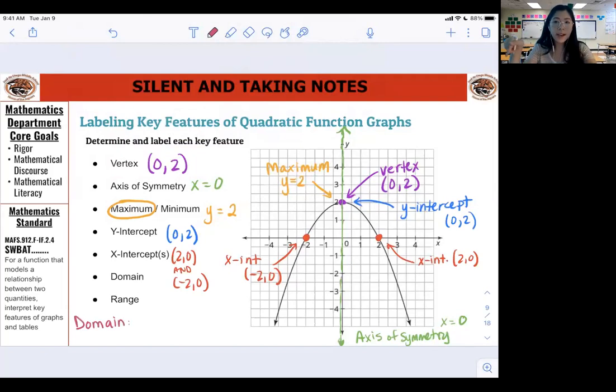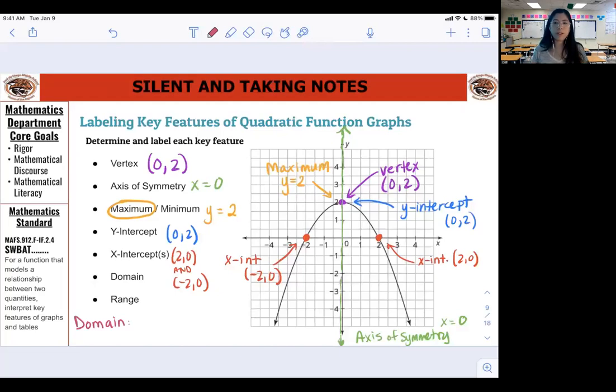The graph is going down, but while it goes down, is it going straight down or is it at an angle? At an angle. So while it goes down, it's also going towards the left, and while it goes down, it's also going towards the right. So the domain goes from negative infinity all the way to positive infinity.